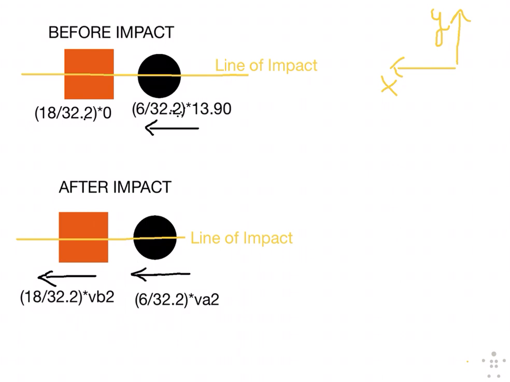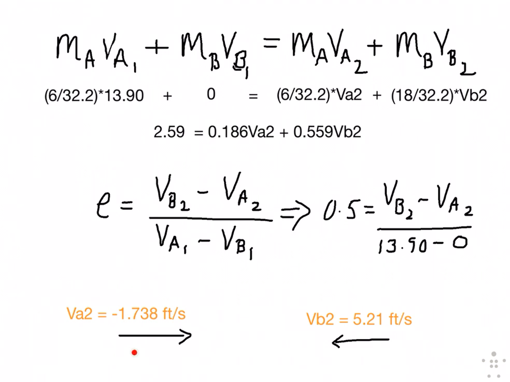But since we got a negative for V_A2, that means it's actually going back to the right. And the box is moving to the left. That's what we're showing with these negative and positive signs.